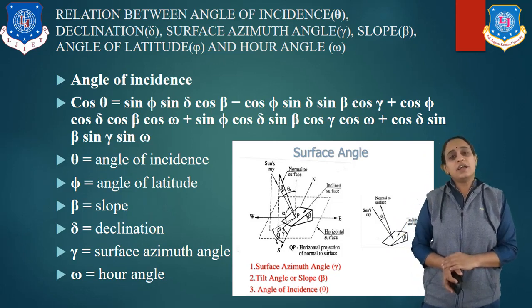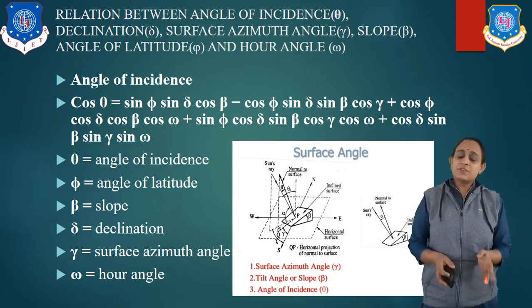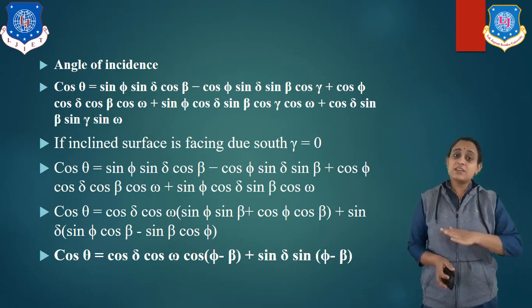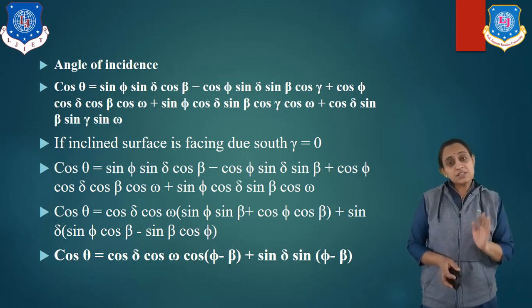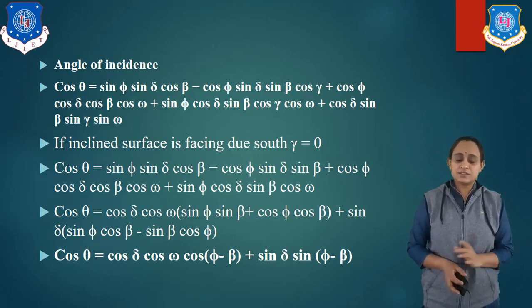Now let us solve according to the condition of our system. Assume the incident surface is facing due south. If it is facing due south, the surface azimuth angle gamma should be 0.